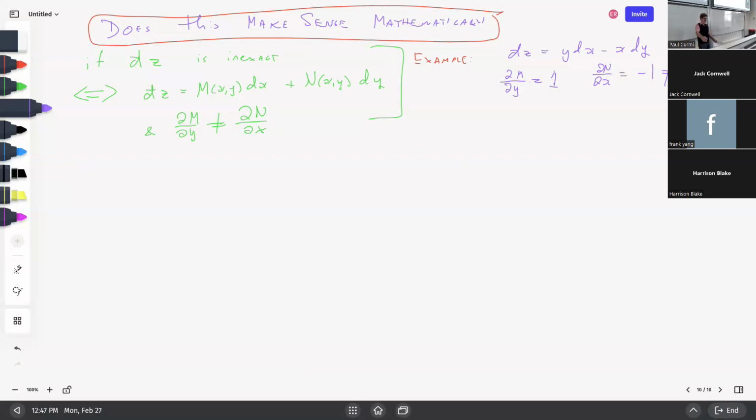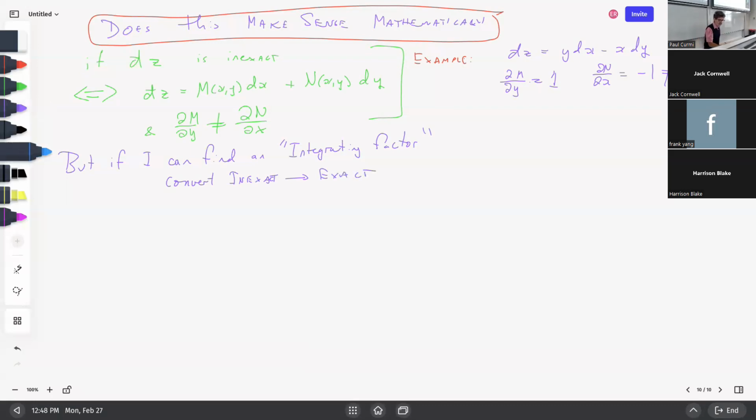Okay. But this looks like just playing games. So this is what a mathematician can do. But if I can find an integrating factor, I can convert inexact to exact. Okay, so to do this, I'll go back to my example.